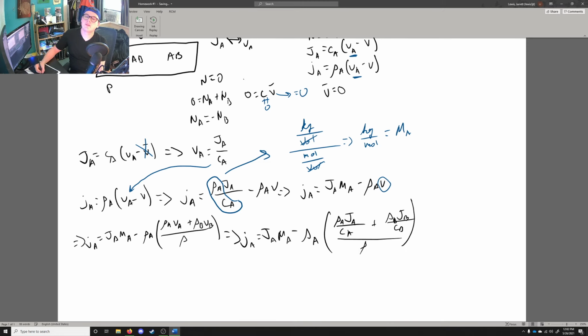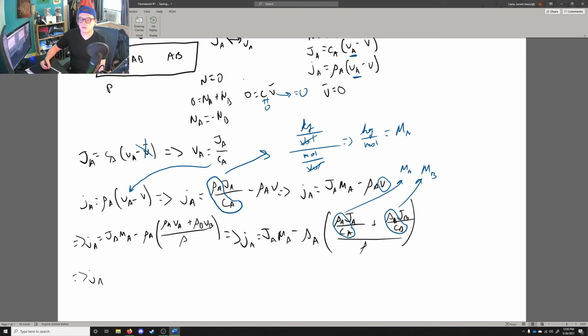And so then we have a similar situation as we did before up here, where we're dividing the mass concentration by the molar concentration, and this will become the molecular weight of A, and this will become the molecular weight of B. So we can rewrite that again.